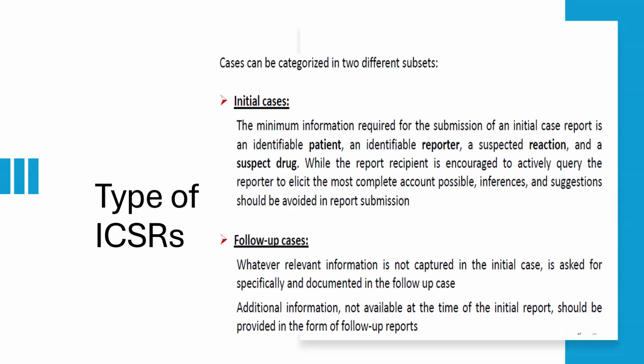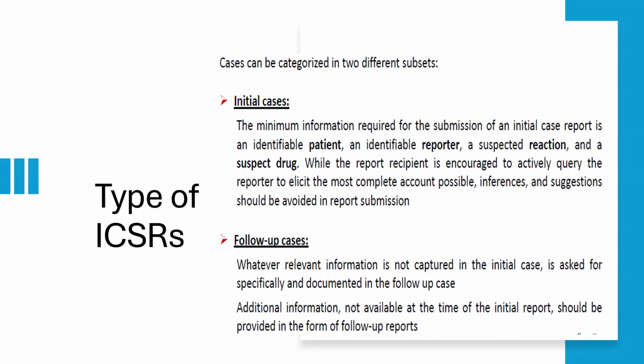When we receive all these details, it means the case is serious, even though the initial case did not have any seriousness criteria. We receive that the patient was admitted on this date, discharged on this date, and this was the duration of the hospital stay. So we can conclude that hospitalization is a seriousness criterion, and the case became serious, even though previously no seriousness criteria were given.